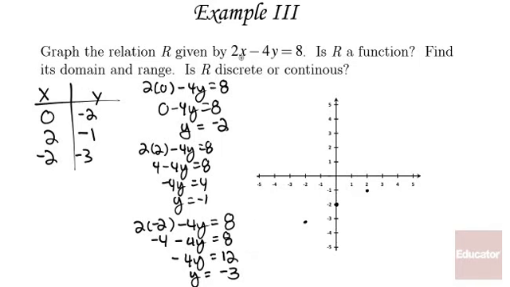I'm given an equation that could have an infinite number of values for x, which would allow me to graph this as a continuous line. Therefore, I graph the relation. Is r a function? Is r discrete or continuous? Well, I've already answered that. Seeing the graph of this, I know that this is continuous.